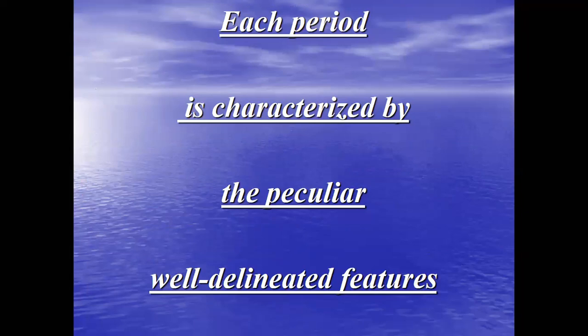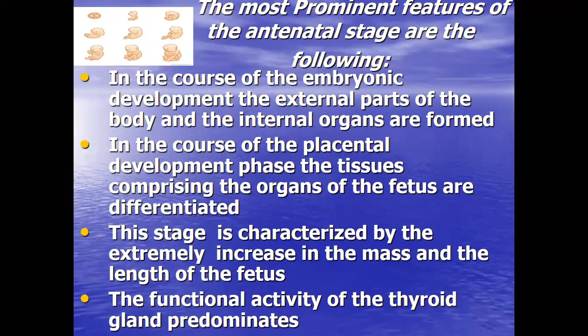The most prominent features of the antenatal stage are the following. In the course of embryonic development, the external parts of the body and the internal organs are formed. And in the course of placenta development, the tissues comprising the organs of the fetus are differentiated. This stage is characterized by an extreme increment of mass and length of the fetus, and the functional activity of the thyroid gland predominates.